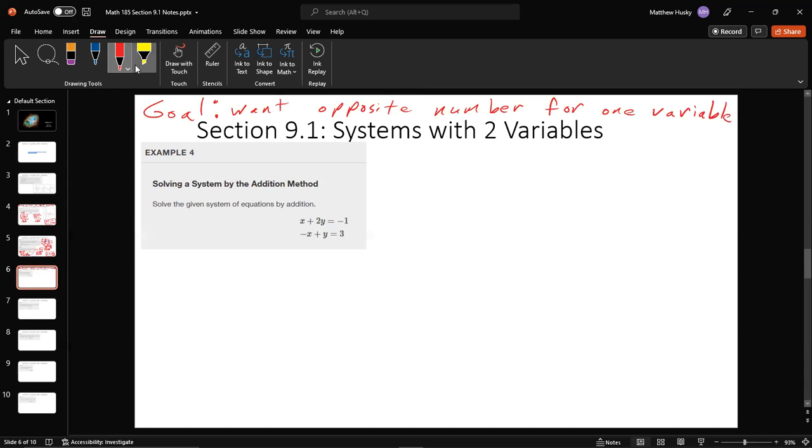Now, the thing to notice here, I have a positive x and I have a negative x already in this problem to start with. And if you wanted to, you could write it like 1x and negative 1x. The important takeaway is that they already have opposites.